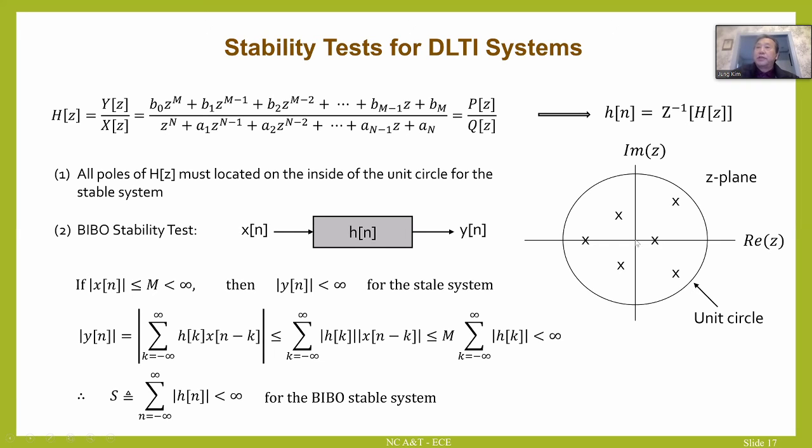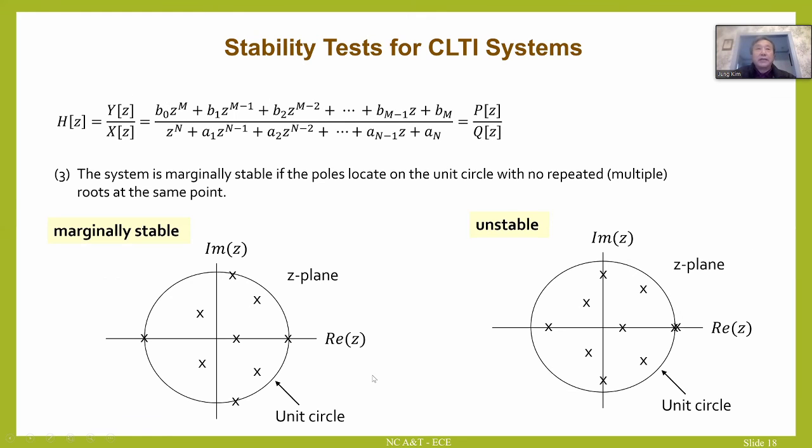The unicircle is from the origin, with magnitude 1. And BIBO stability is that the impulse response must be absolutely summable. So take the absolute value, and then it must not approach infinity. That is going to be BIBO stability, just like that one.